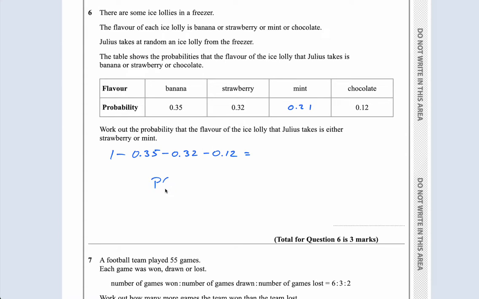So the probability of strawberry or mint is equal to this plus this. So it's just 0.32 plus 0.21, which is 0.53.